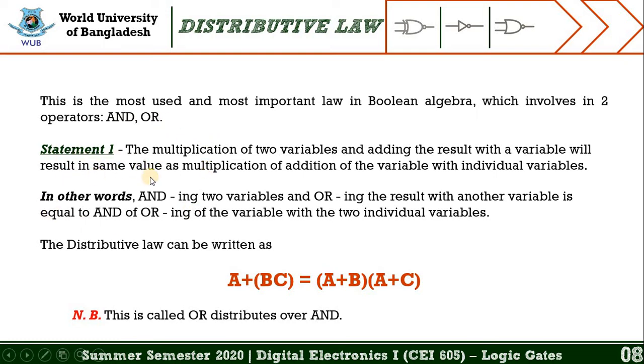So let's start with the first statement of this law, which is the multiplication of two variables and adding the result with a variable will result in the same value as multiplication of addition of the variable with individual variables. In other words, adding two variables and ORing the result with another variable is equal to AND of OR-ing of the variable with the two individual variables.